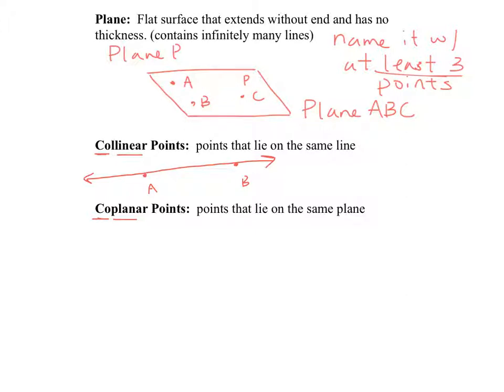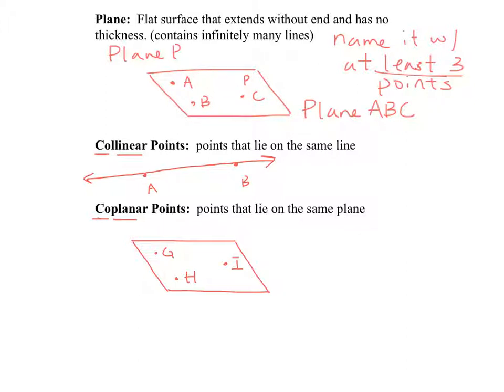And this one can be a little bit tricky for people at times, because if I were to draw this plane, for instance, and I have point G, point H, point I, those are coplanar. They all lie on the plane that I'm looking at.